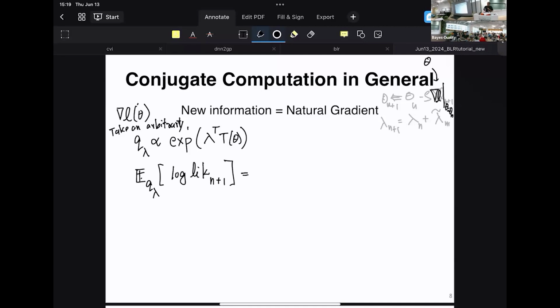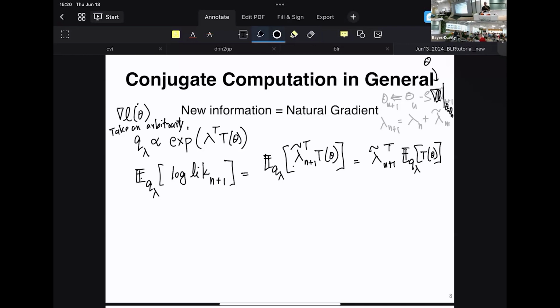So log likelihood, because we know the likelihood is exponential family, right? And it's exponential family, e to the power lambda tilde n plus 1 times t of theta, if you remember. So when I take the log, I get just this, and the expectation of this is just the expectation of that. So I can actually write this as lambda tilde n plus 1, transpose, and then the expectation under q lambda of t of theta.